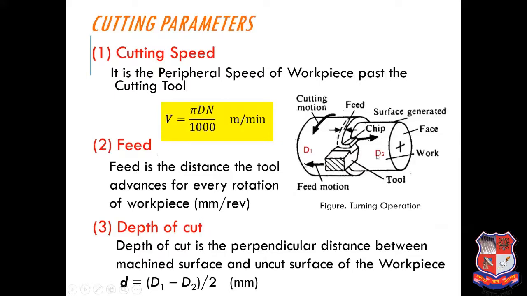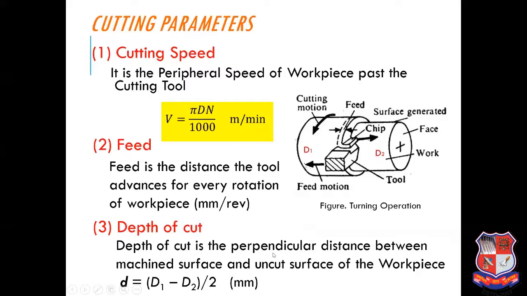What is feed? Feed means the distance the tool travels per revolution of the job. Therefore, the distance the tool travels is in millimeter and per revolution, so the unit will become millimeter per revolution. This is the diameter of the job, D1. After machining, it is reduced to D2. So what is the depth of cut?